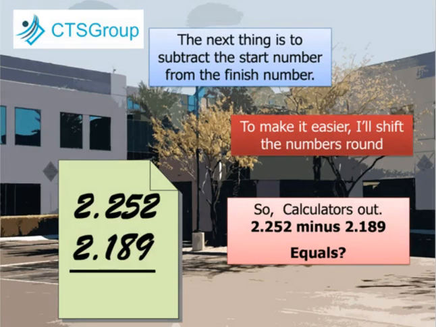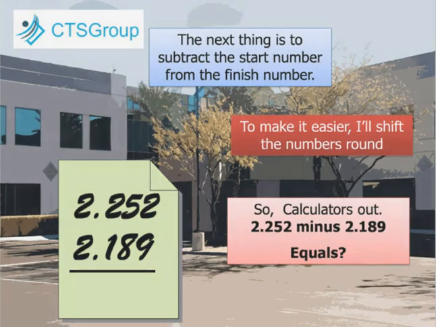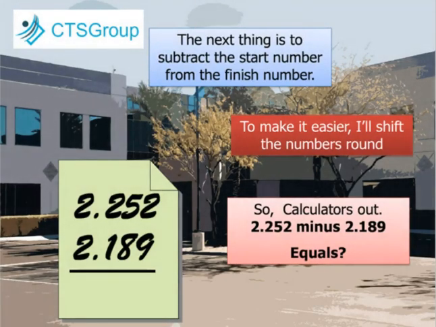So, time to use your calculator. 2.252 minus 2.189 equals what? Of course, 0.063 meters cubed.